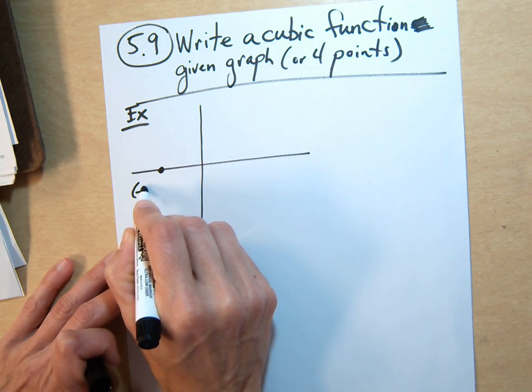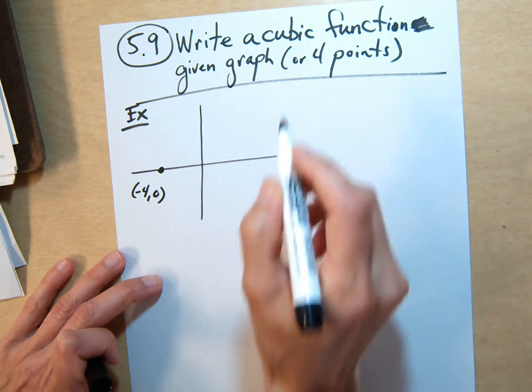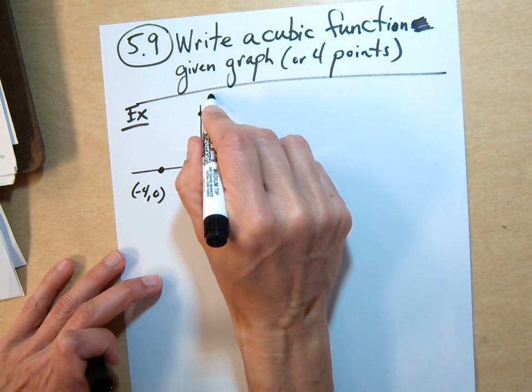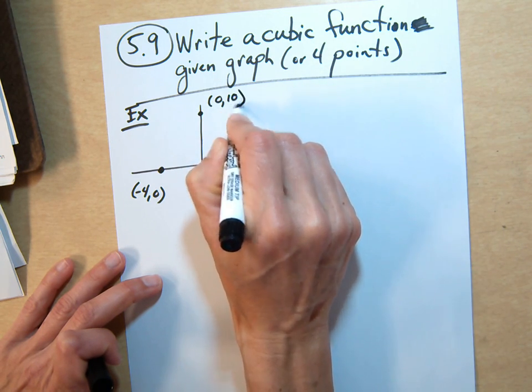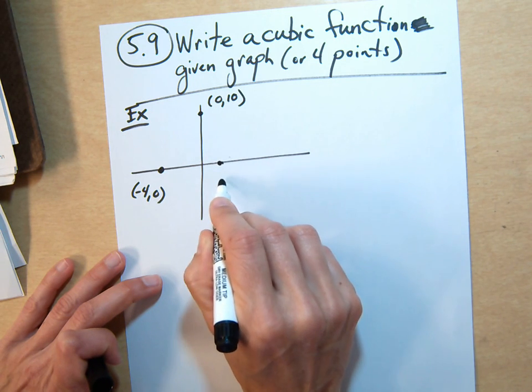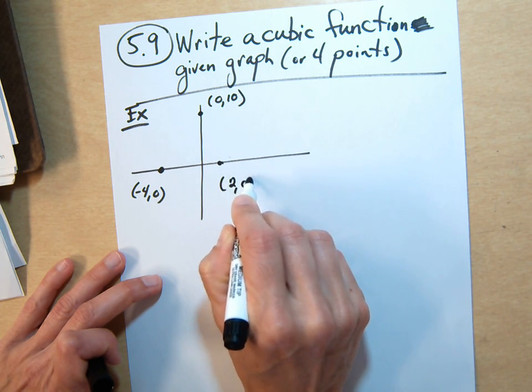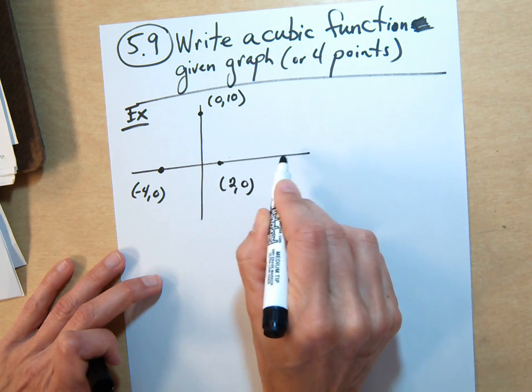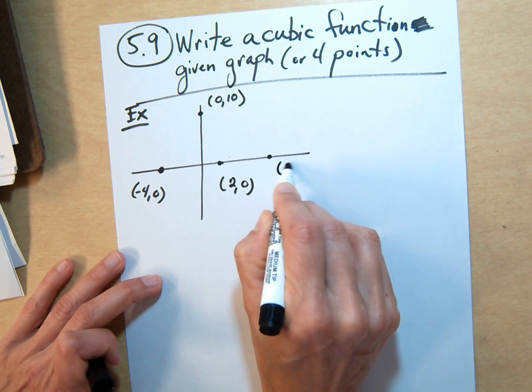It passes through -4, 0, 0, 10, 2, 0. Just try to put it approximately in the right place, and 5, 0. 1, 2, 3, 4, 5. Let's say that's about right here.